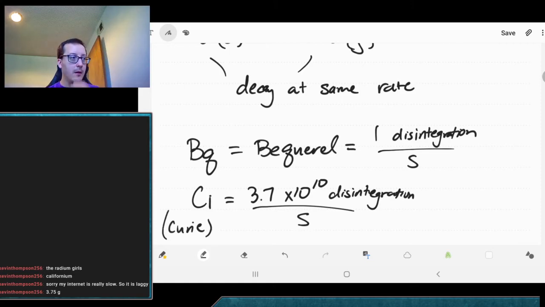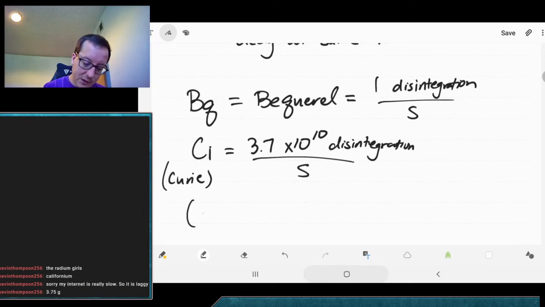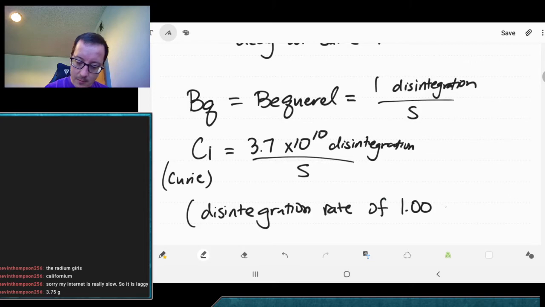This is a Curie. And so this unit is the disintegration rate of 1 gram of radium, which is what Marie Curie studied and died from and discovered, and all these fun things.